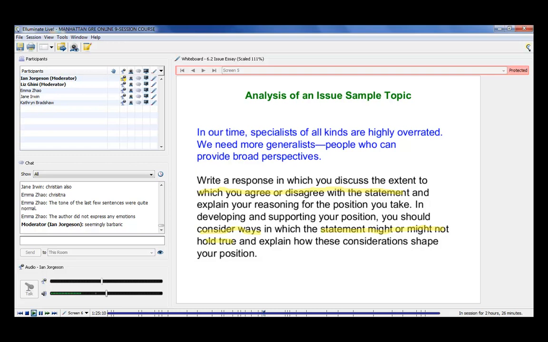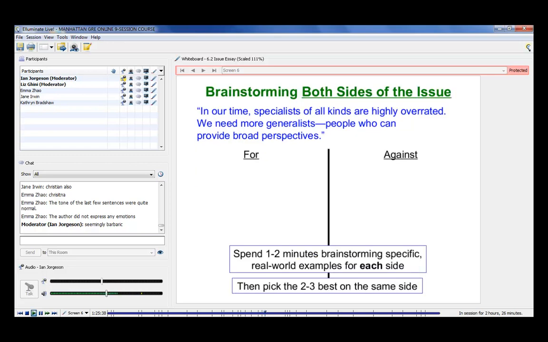We can come up with a couple of specific examples for both sides probably, and whichever side we end up picking, it won't be problematic to show why our example shows a way that the statement might or might not be true. It's not a big deal, but it's something we want to be aware of. We want to craft our essays to do what they're asking us to do. So let's go ahead and try this.